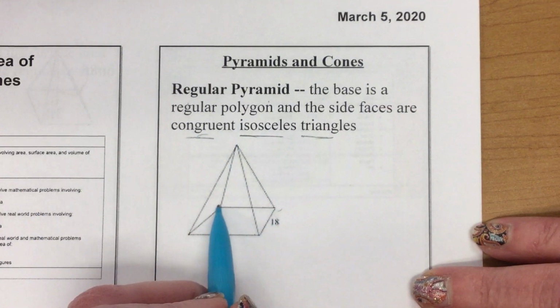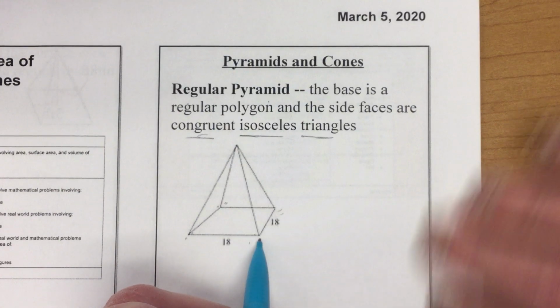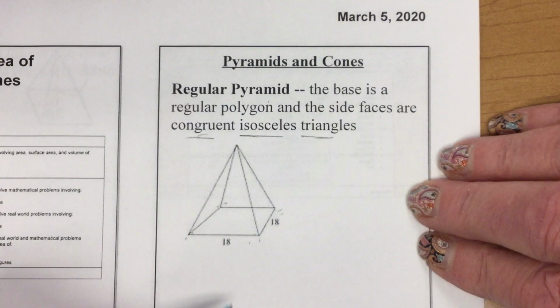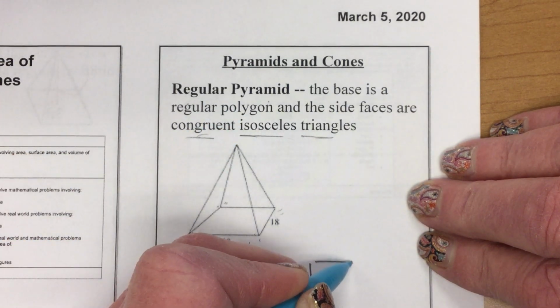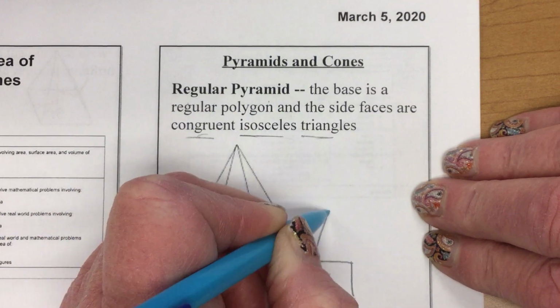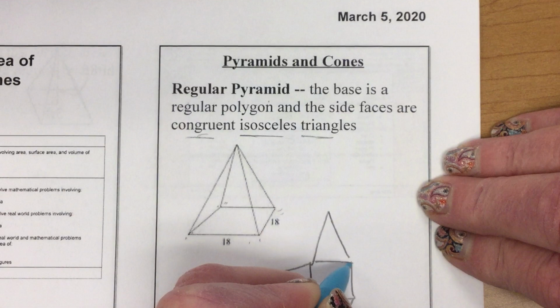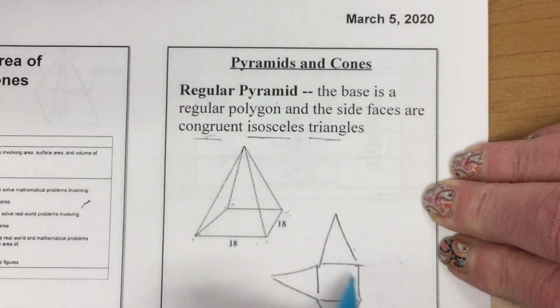This base will be the same all the way around, probably a square or an equilateral triangle. If I made this into a net, I would have my base and then 4 isosceles triangles that are off to the sides when I cut it apart.